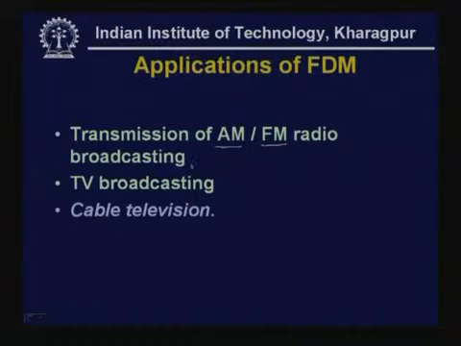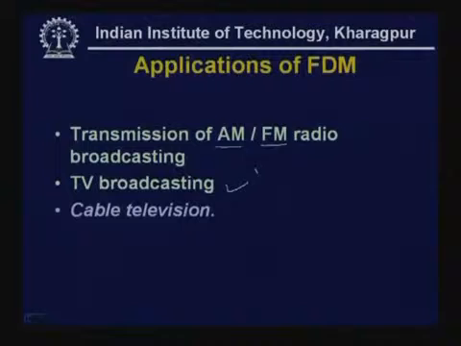Similarly, it is also used in TV broadcasting. In TV broadcasting also you can select different channels with the help of the tuner of your TV and watch different channels. And in cable television, the same thing is done through a coaxial cable.